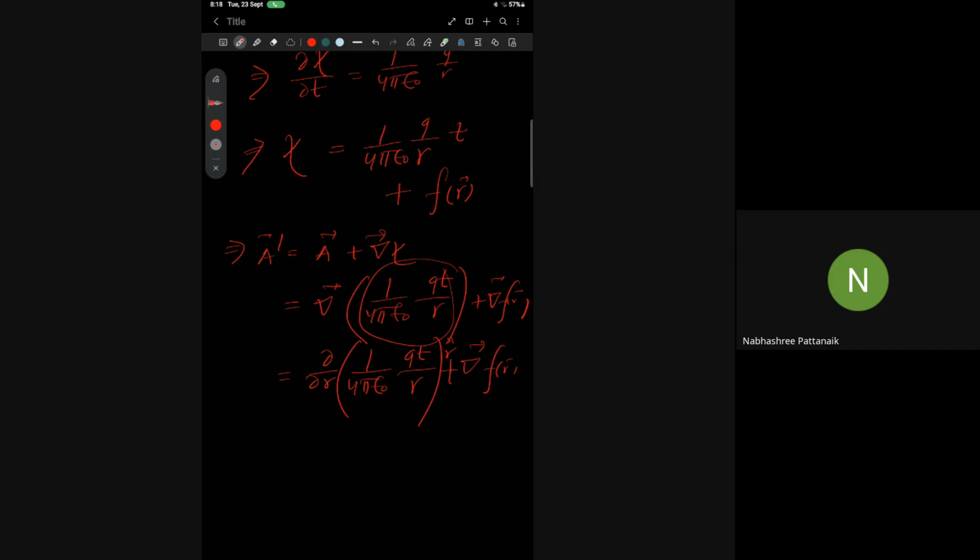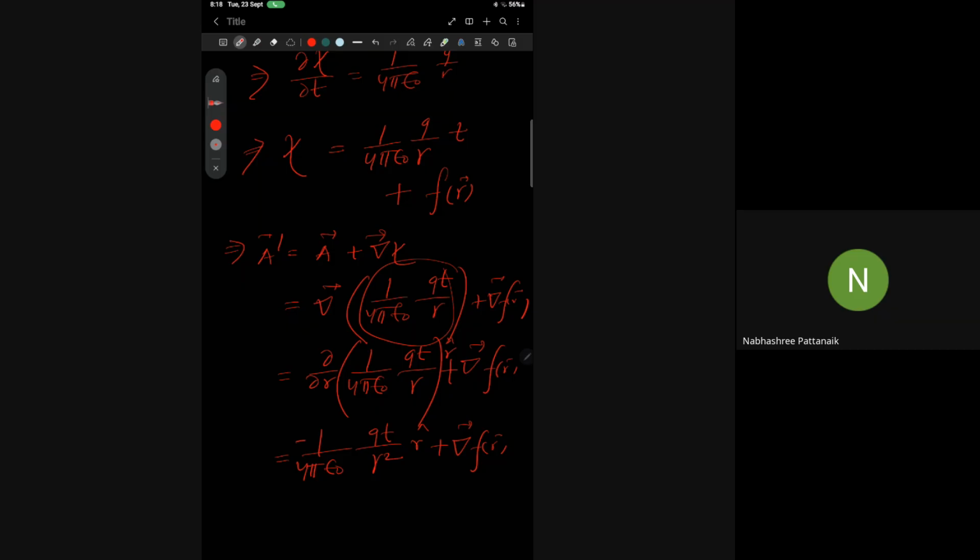Since there is no theta and phi dependence, the del by del theta and del by del phi terms will be zero. So I can only take del by del r. That becomes 1 by 4 pi epsilon naught q t by r square, but with a minus sign, along r cap, plus del f of r.